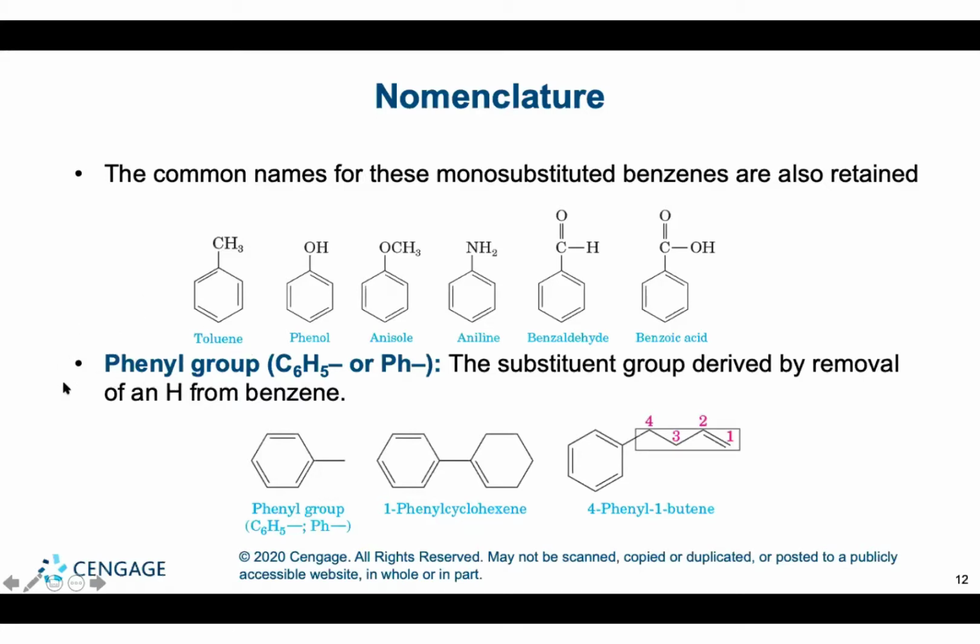When should we call a benzene group a phenyl group? Whenever you use a benzene group as a substituent or branch, then we call it a phenyl group. How? Let's look at this structure.